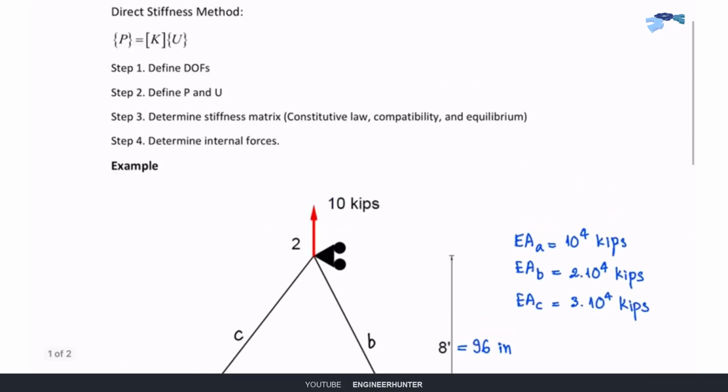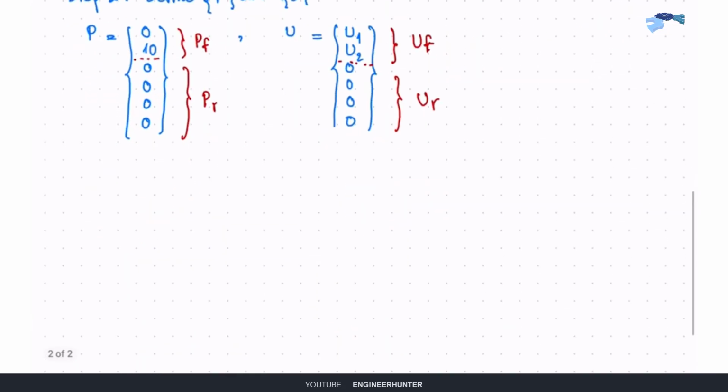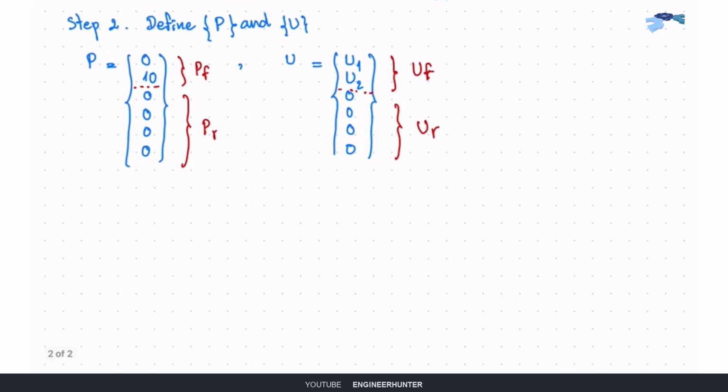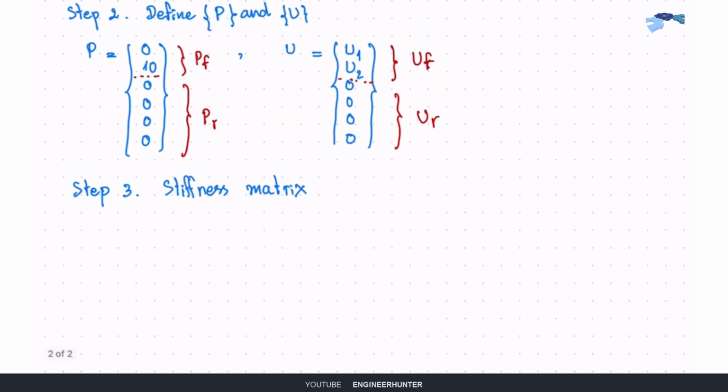So the next step is we're going to form the stiffness matrix. So step 3 is the stiffness matrix.